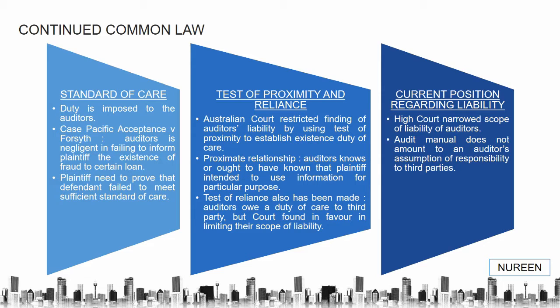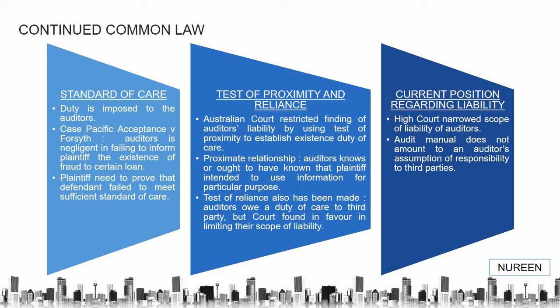For the current position regarding liability, the High Court narrowed the scope of liability of auditors by denying third parties success in their claims against the auditors for negligent misstatements. The audit manual does not amount to an auditor's assumption of responsibility to third parties.